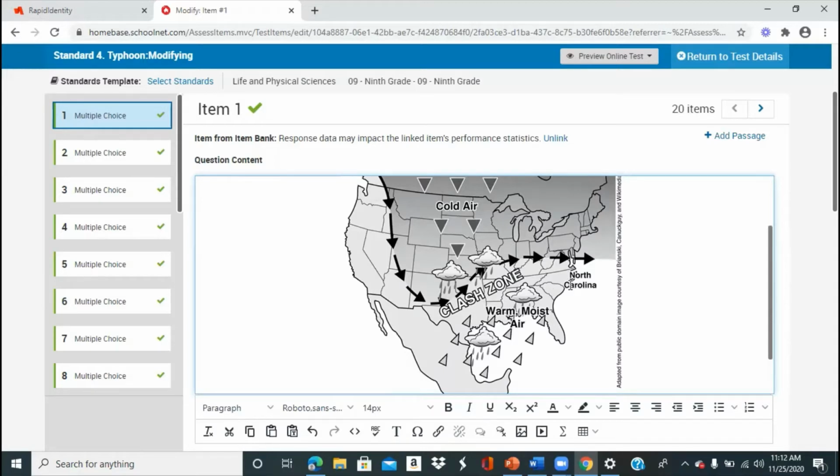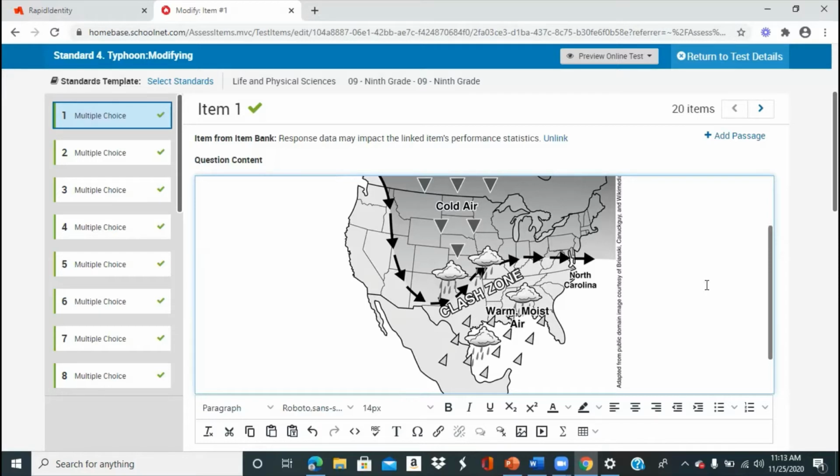So this is the area that we're trying to observe, and our options are only either cooler and drier or warmer and wetter. We know that this is cold air moving towards this area. So our choices depend on the kind of air that's moving towards a certain location.